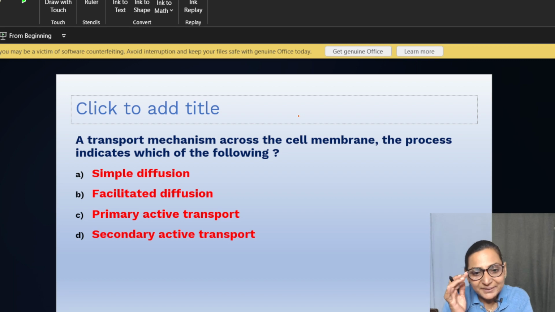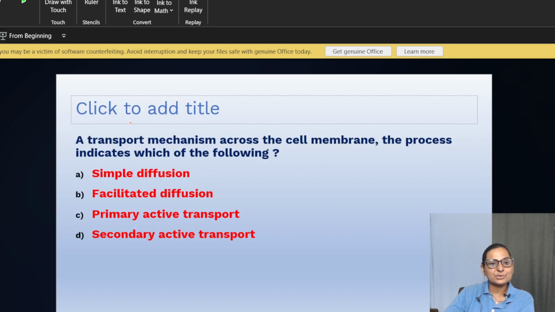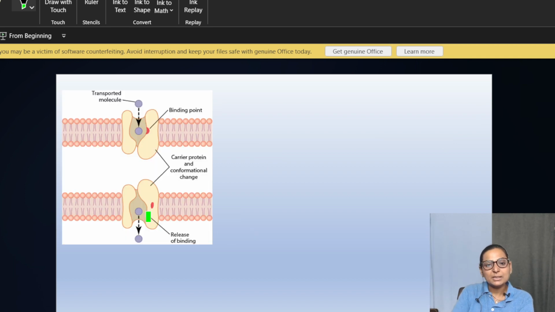Now this question which I have taken from the last INICET, there was an image which was given to you. This kind of an image was given to you, and the question asked about a transport mechanism: is it simple diffusion, facilitated diffusion, primary active transport, or secondary active transport? Now you can see that there is a conformational change taking place, and there is use of a carrier protein.